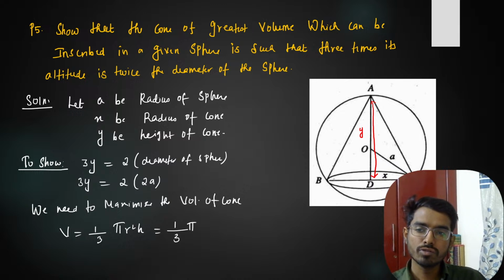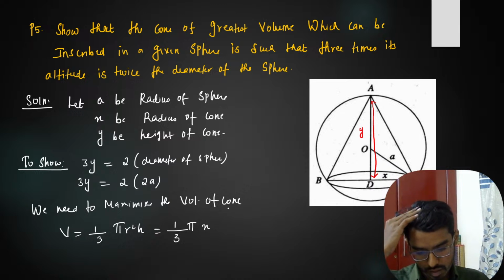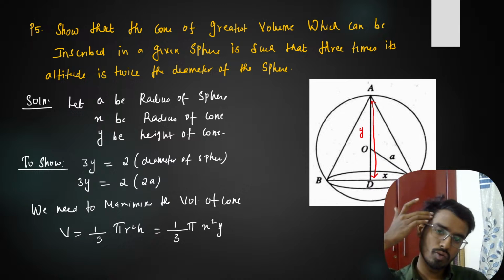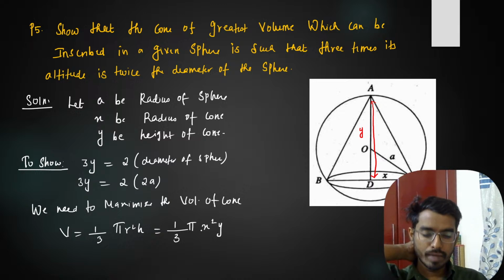Radius of the cone is x. And what is the height of the cone? It is y, right? So 1/3 pi x square y. Now we will make this a single variable.